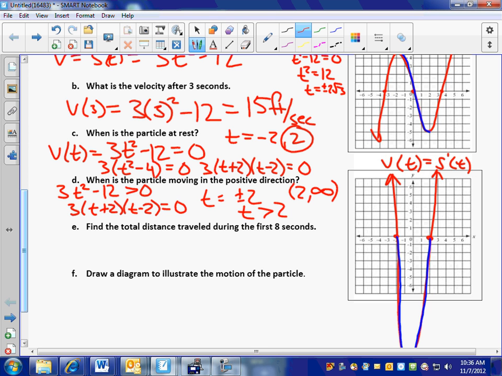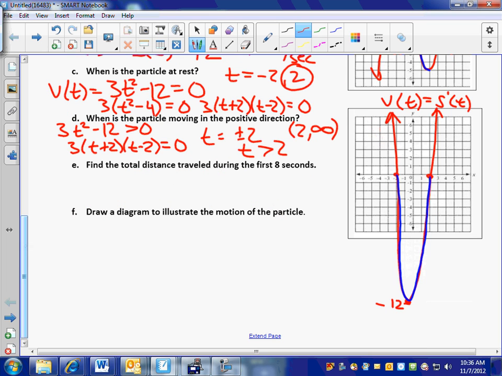You can see from time 0 to time 2, it's traveling in the negative direction. It has negative velocity. So it's traveling to the left. And then, at what time does it stop and change positions? 2. And then it starts traveling towards the right.